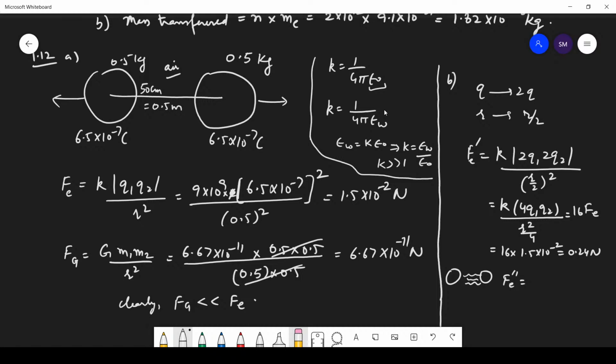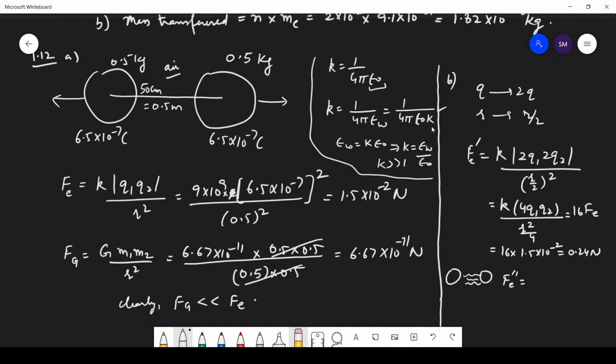So this will become 1 upon 4 pi, and we put the value of the permittivity of water, epsilon naught into K. This value of K is given to us, that is 80.